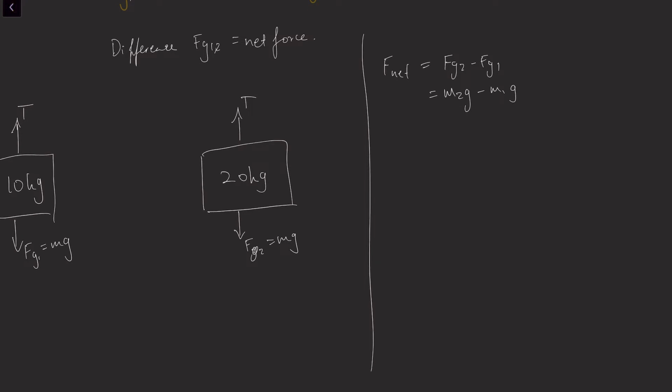Net force, again, is the system's mass multiplied by acceleration. But we're looking at the entire system now. So it's the sum of the masses multiplied by acceleration equals m2g minus m1g. We can factorize out the gravity, and now we can rearrange to find a for acceleration.